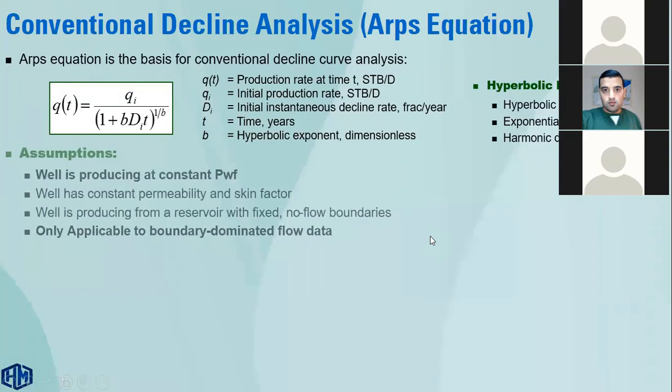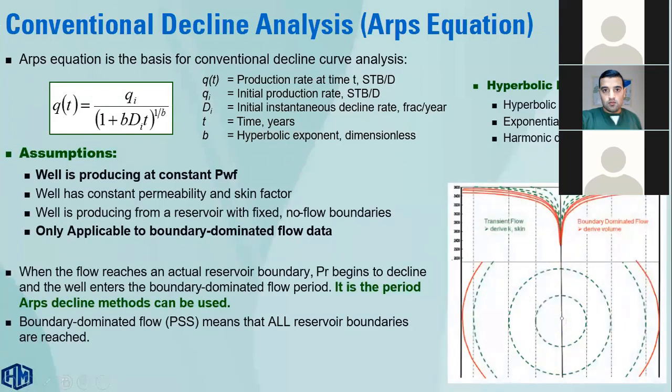The first approach of decline curve analysis is the conventional decline analysis, like the Arps equation. Arps is an important analytical, empirical reservoir engineering approach. It is used to calculate oil rate at time t as a function of initial rate and b, the hyperbolic exponent, and Di, which is a very important parameter in this equation, the initial instantaneous decline rate, and the time for the forecast.